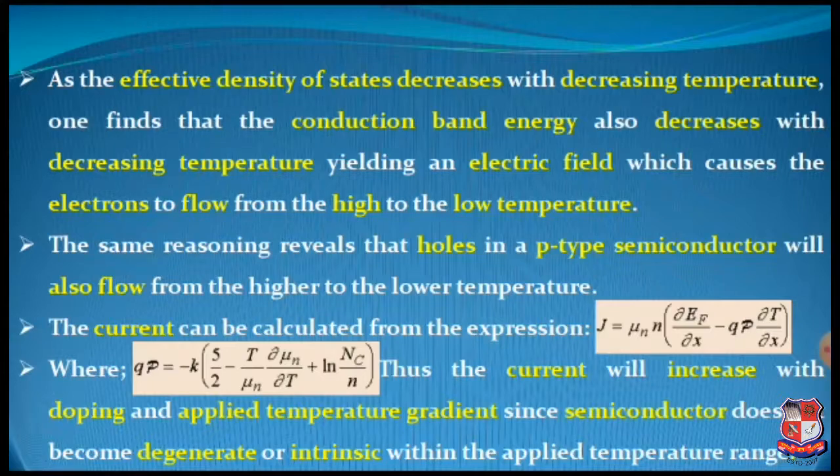So we have seen that the position of the electron as well as the energy of the electron, or the conduction band and valence band, differs after the temperature variation.